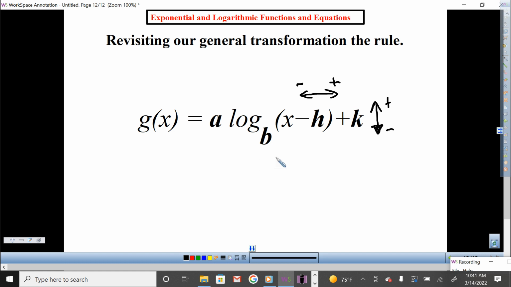Now check this out. Since a log is the inverse of an exponential, h is also the vertical asymptote, which means we write x equals something, yes?